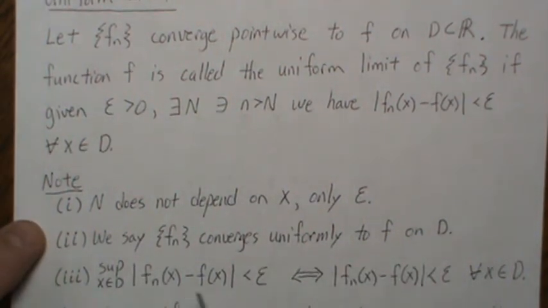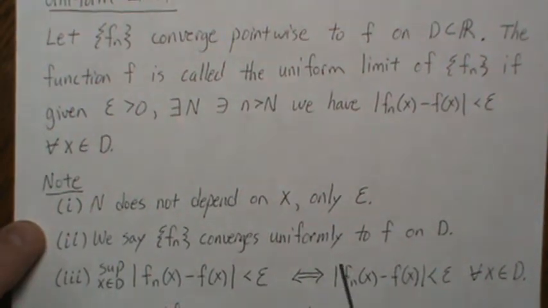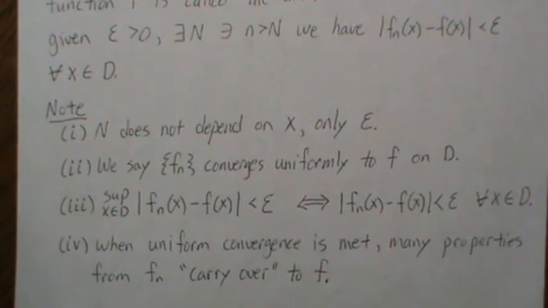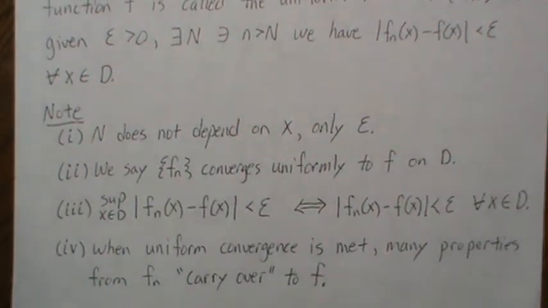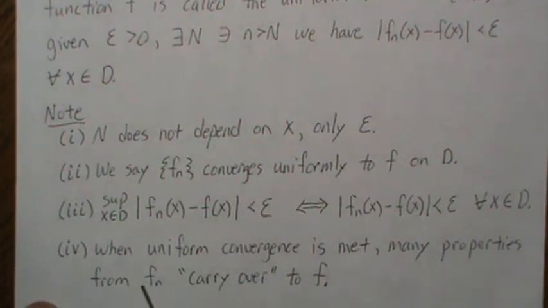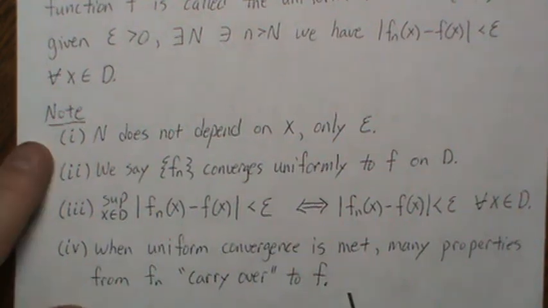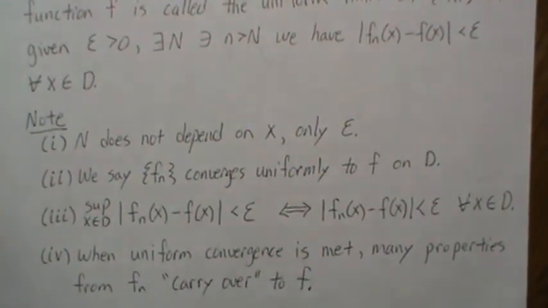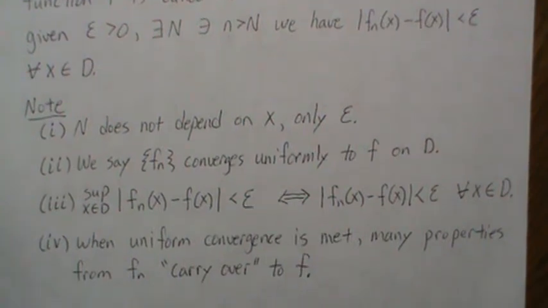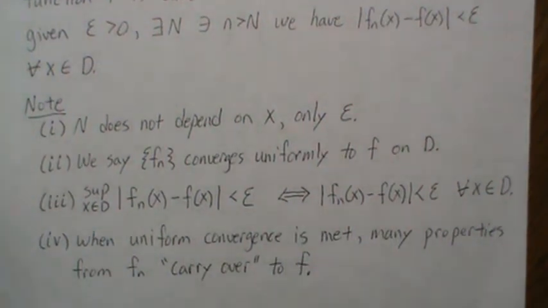Some write it like this and some write it like this, and we'll probably stick with this notation. Now when uniform convergence is met, so f of n converges uniformly to f, then many properties from f of n carry over to f, and that's what the next few videos are going to pertain to: what properties do carry over, and we'll take a look at that.